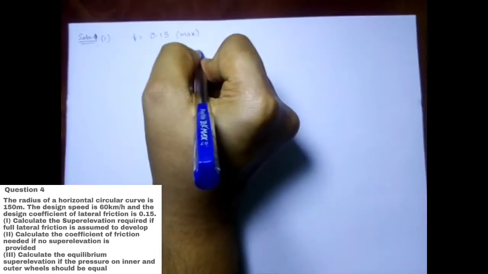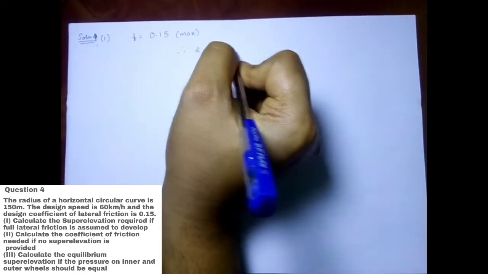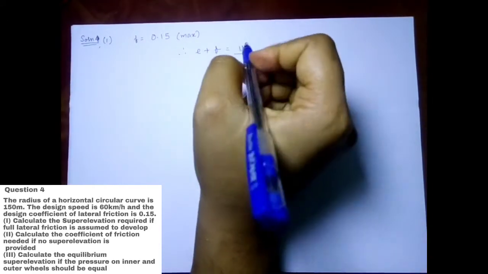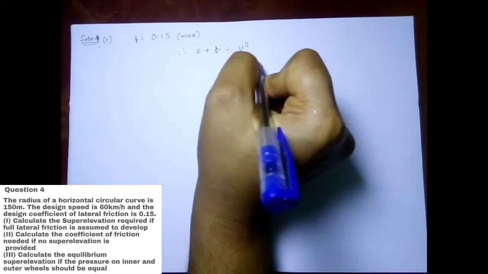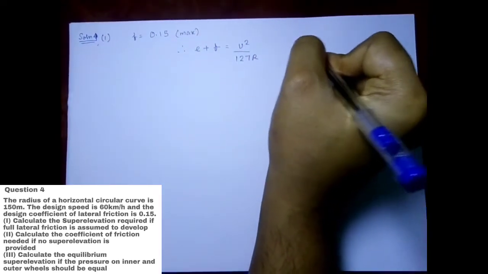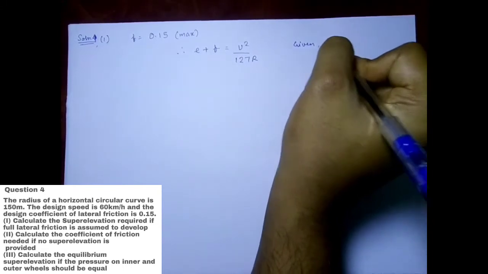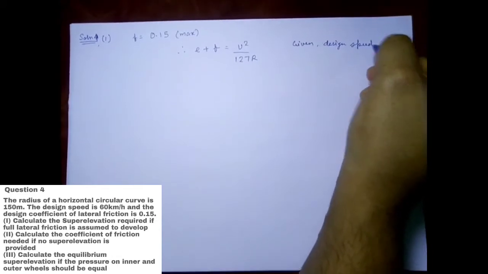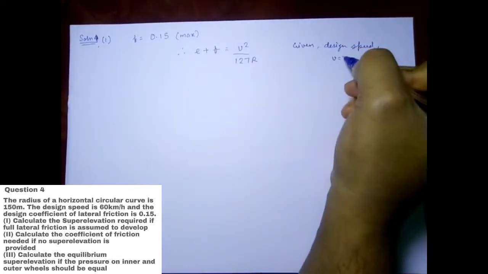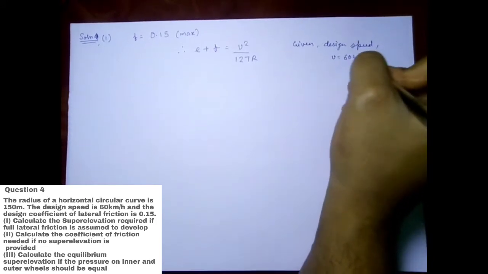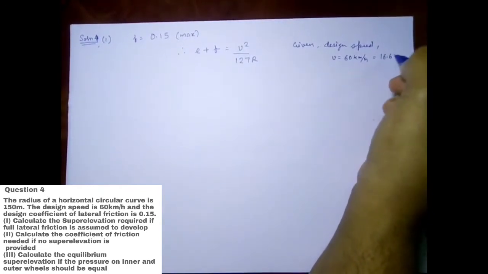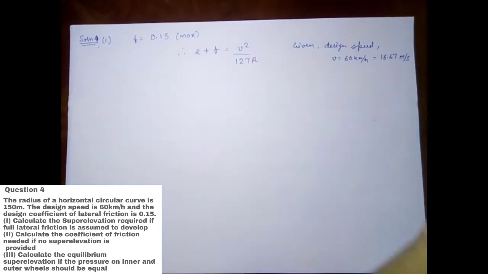Therefore, using the relation e plus f is equal to V square upon 127 R, also given that design speed V equal to 60 km per hour, which is equal to 16.67 meters per second.